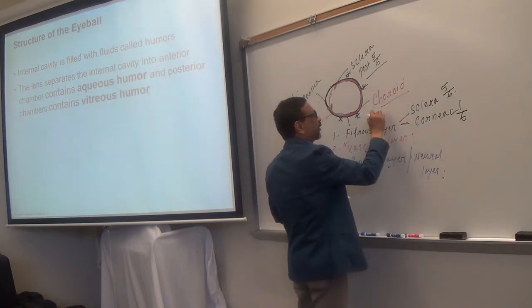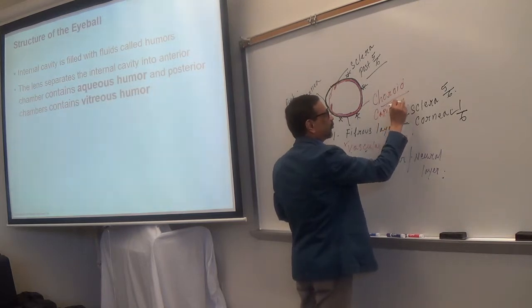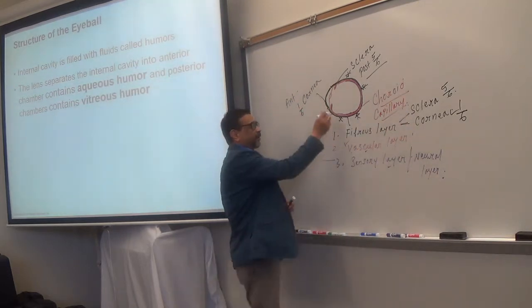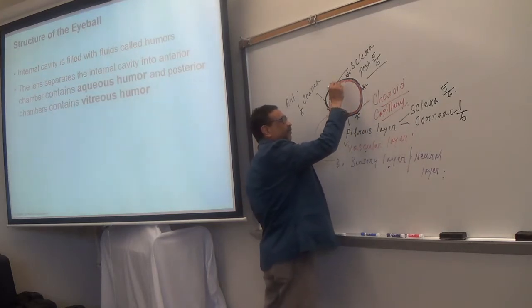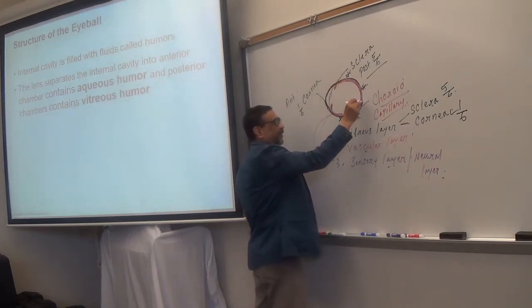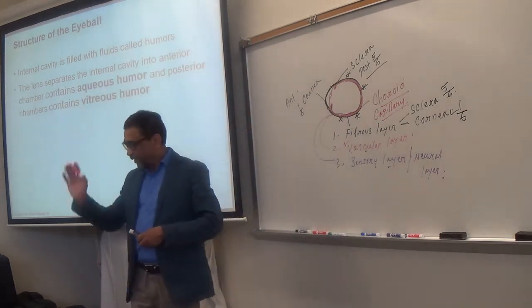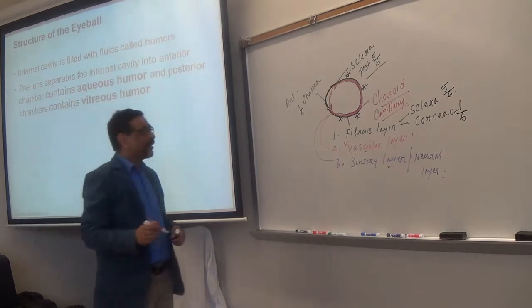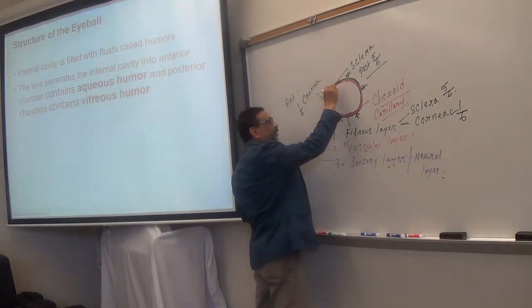Because of capillary. This is actually basically filled with capillaries, blood vessels. That's the most part of the middle layer. Make sense?